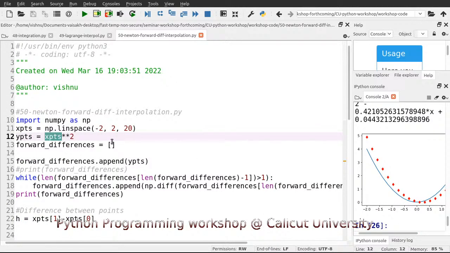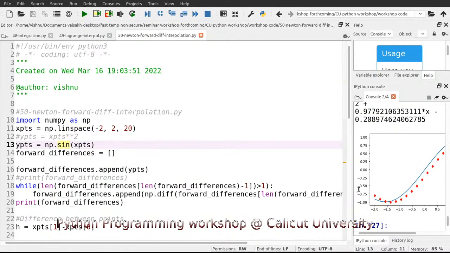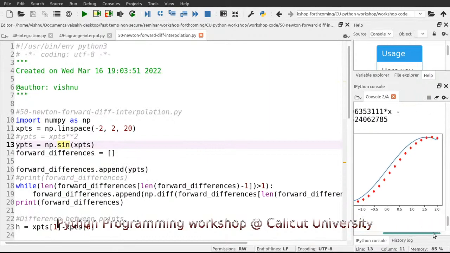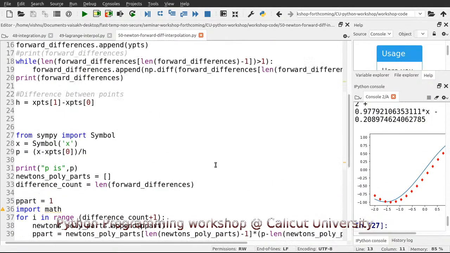Maybe we can try with sine pi itself. Okay, somewhat reasonable.